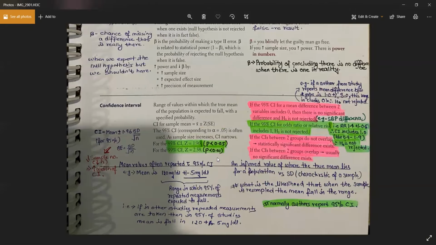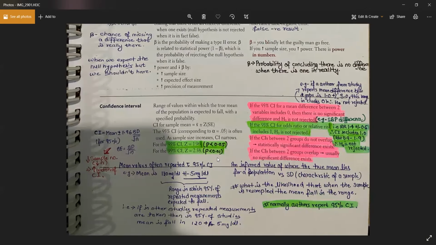Then comes the confidence interval. Okay, see, you have performed a study and you have found a certain mean. Let's say you want to know the blood sugar of diabetes patients, and you have concluded that in your study the level of blood sugar in diabetes patients is, let's say, 120. Okay, and then you have made a range like 110 to 130, and now you are saying that you are 95% confident.